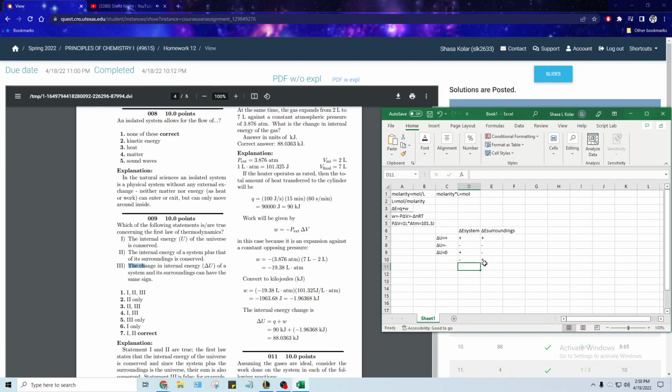It has to be, or delta U will not be 0. Delta U has to be 0. That's the first law of thermodynamics. The energy of the universe has to be conserved. So 3 is saying that it can, in some circumstances, not be conserved. So 3 is wrong. So it's only 1 and 2.